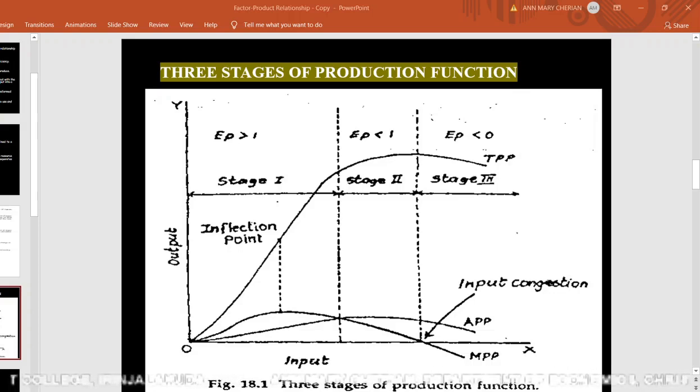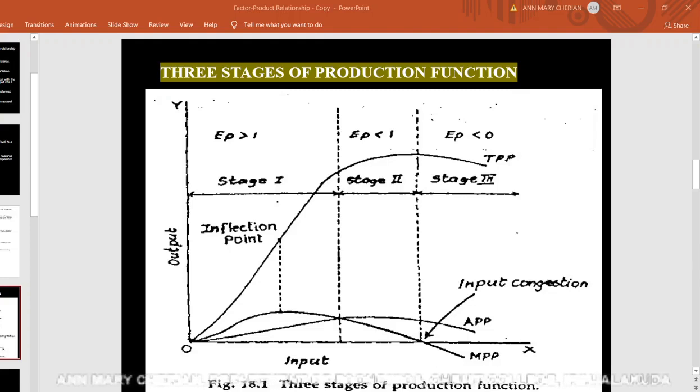Now let us move on to the second stage. The second stage starts from the point of equality of marginal physical product and average physical product, so APP equal to MPP. From that particular point, stage 2 starts and ends at the point where MPP is equal to 0.